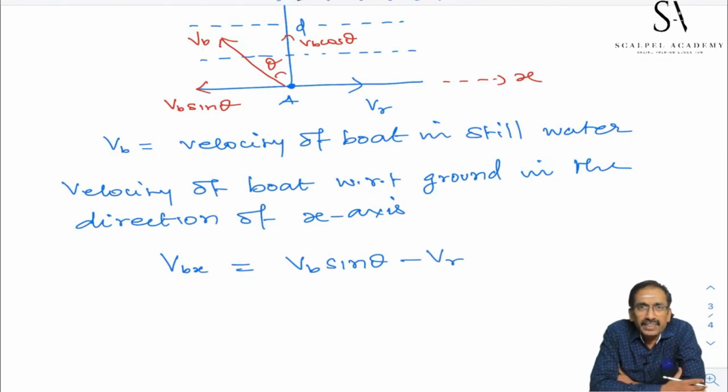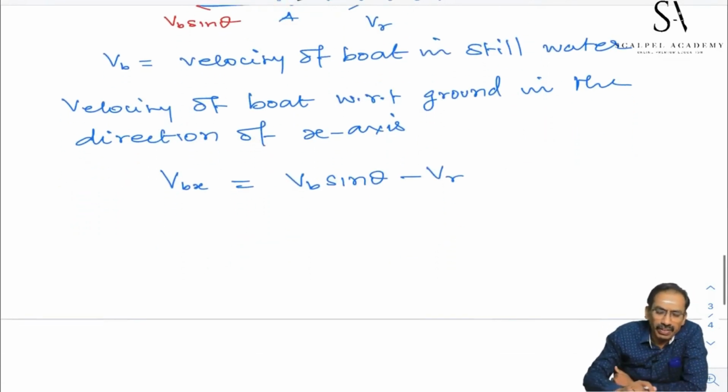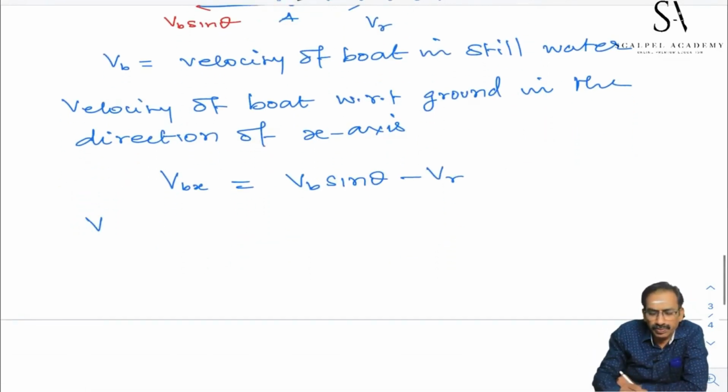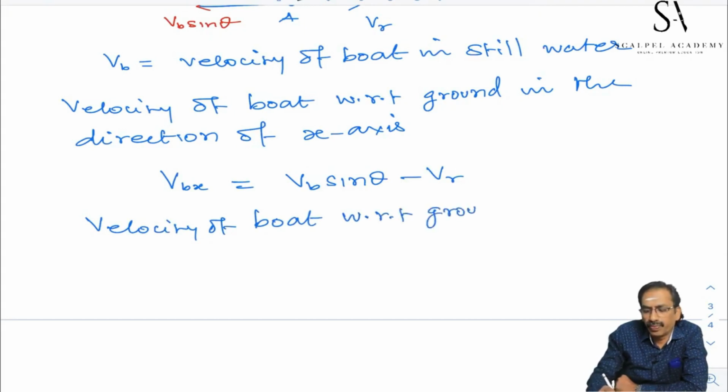Suppose Vb sin theta is greater, it will be along the negative x-axis. Whatever it may be, later we discuss that. Okay, Vb sin theta minus Vr is the velocity along the x direction. Similarly, the velocity of the boat with respect to ground in the direction of the y-axis.